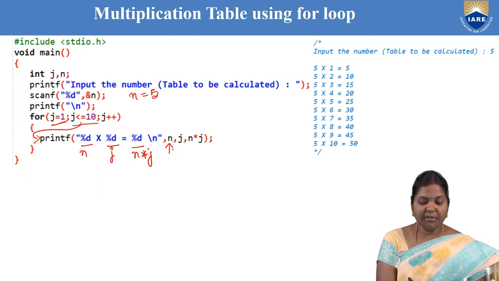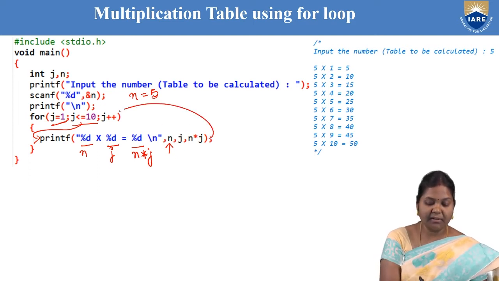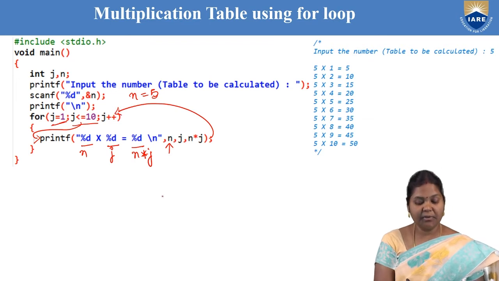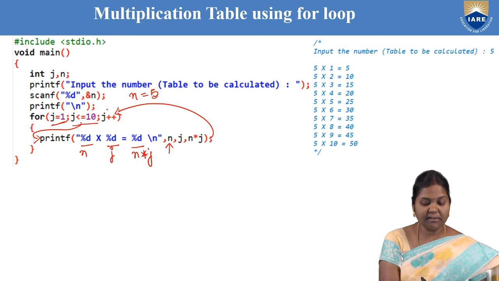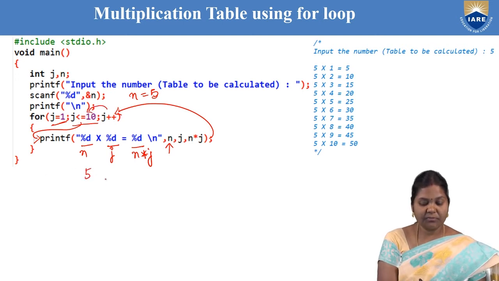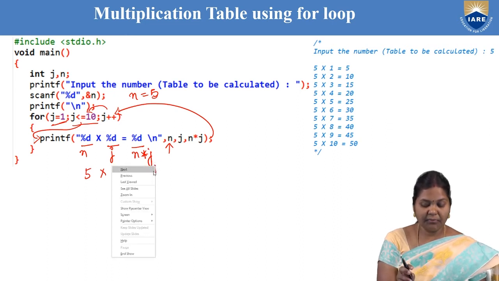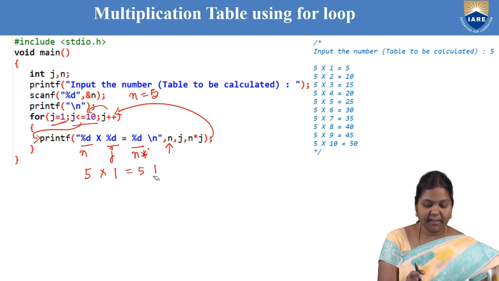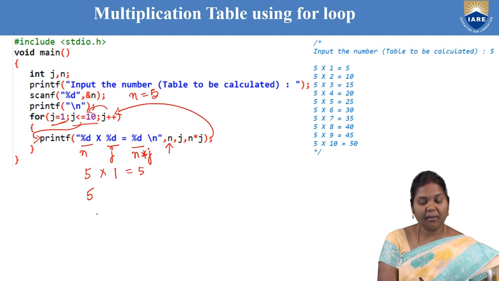Every time the j value gets incremented. After executing this line, j gets incremented to 2. 2 is less than or equal to 10, so the condition is again true and we come to the body of the loop. First time n was 5 and j was 1, so 5 into j was 5. Second time, when j is incremented to 2, n is the same, 5, and j is 2, so it is 10.